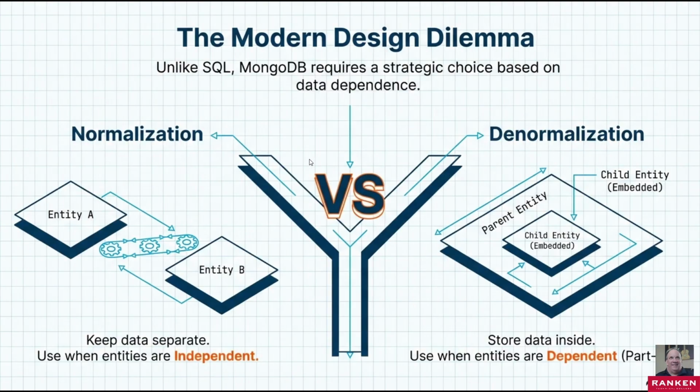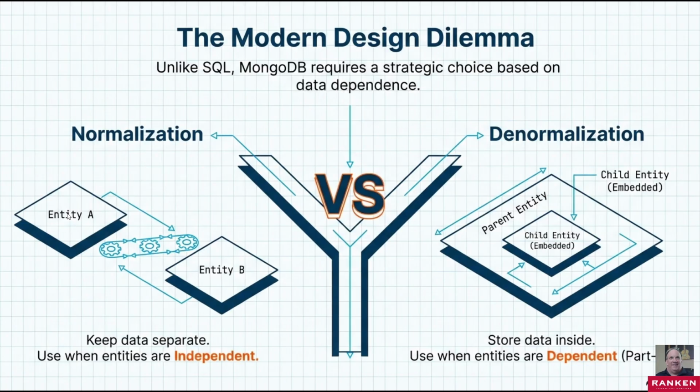So, the modern design dilemma. Unlike SQL, a Mongo database requires a strategic choice based on data dependence. You have normalization versus denormalization, a decision on how you want to model your data.